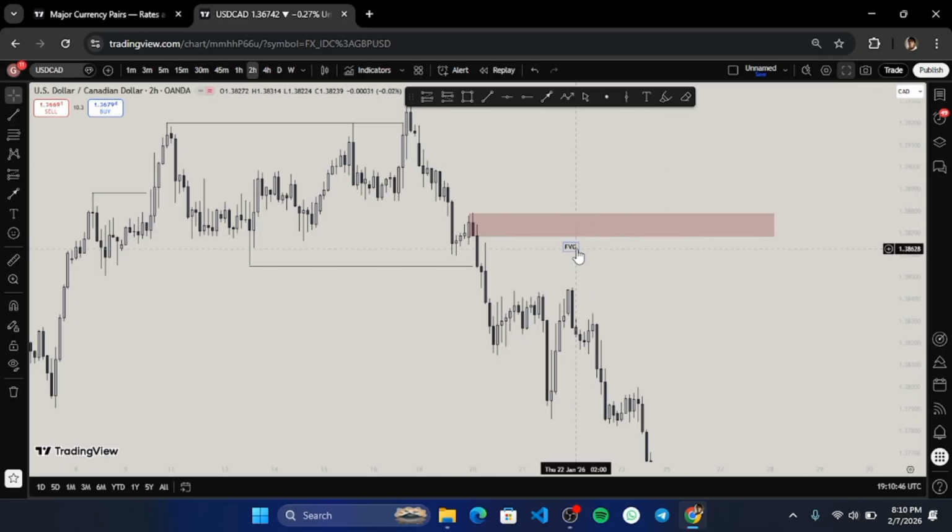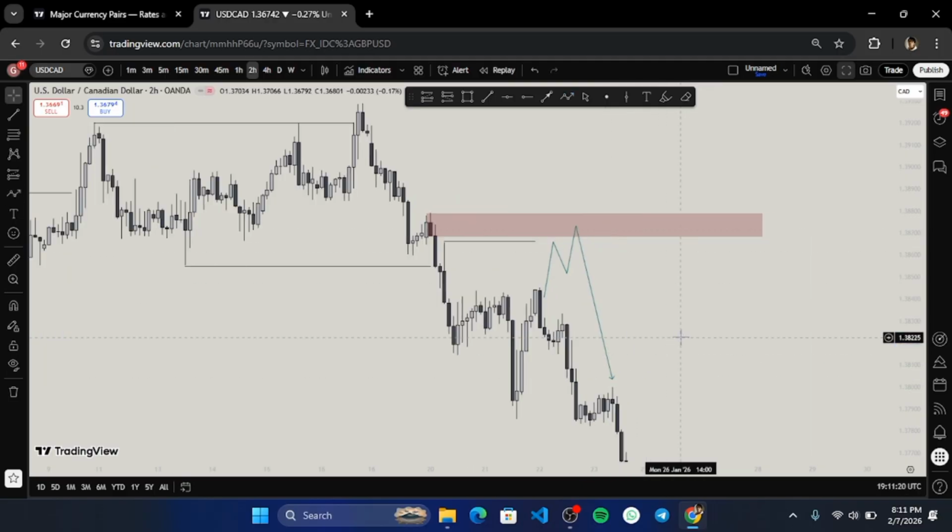Okay, so we can see that this supply zone was formed here, and at this supply zone, we saw that the market created something called an inducement. Now, this is an inducement. I'll classify this as an inducement because I'll be expecting the market, let's say the market came back, I'll be expecting the market to come around here and fake people out, give some traders the idea that, all right, I'm already going to sell, give a little sell, push back up, probably with a wick, come here and make the main move that the market wants to make.